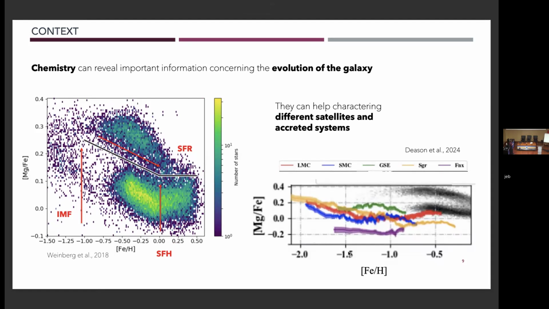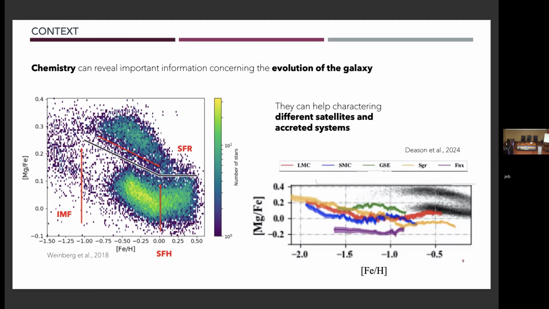This plot already contains a lot of information, because when we look at the level of enrichment at lower metallicity, so at older times, the level of this ratio can already tell us something about the initial mass function of the galaxy. The higher this ratio, the higher the mass of the galaxy.